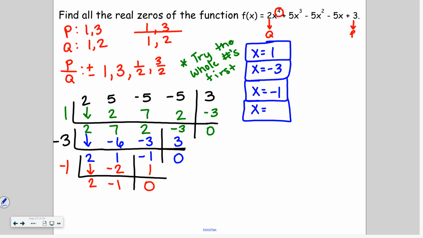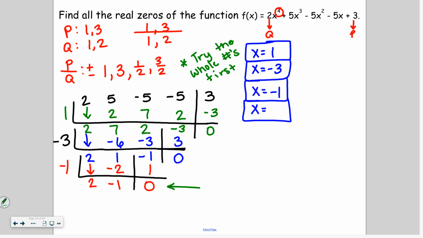Now we're left with, we can retry 1 and 3, positive and negative. We already know that positive 3 does not work, because if it worked, it would have worked before already. So you can retry that. However, if we look at this right here, that's what we just got. We can tell that 3 is not going to work at all.